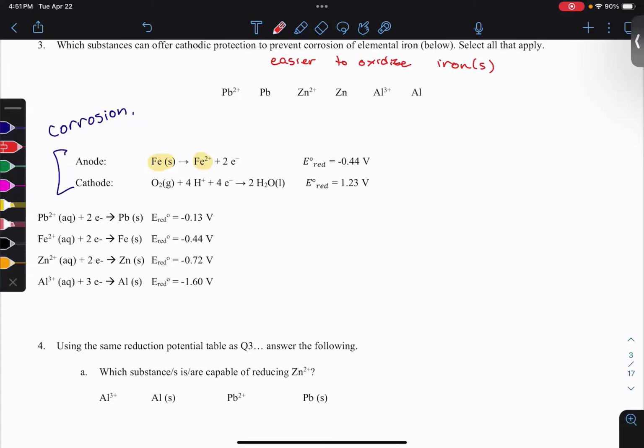What we are looking for is what's called a sacrificial anode. We want to replace the anode with a substance that is easier to oxidize. Because if we allow another substance to oxidize instead of iron, then we protect that iron.